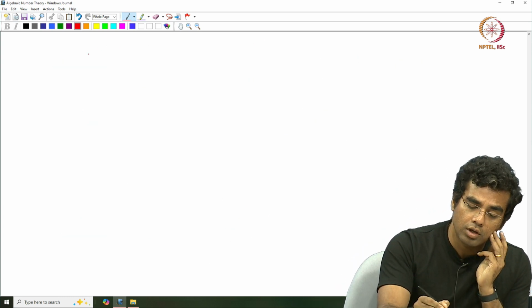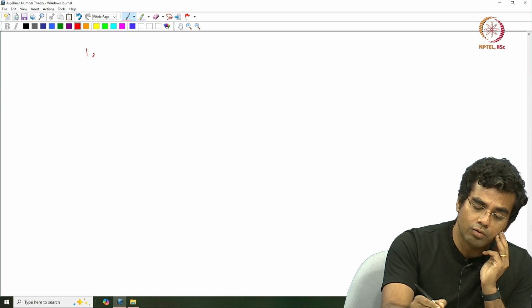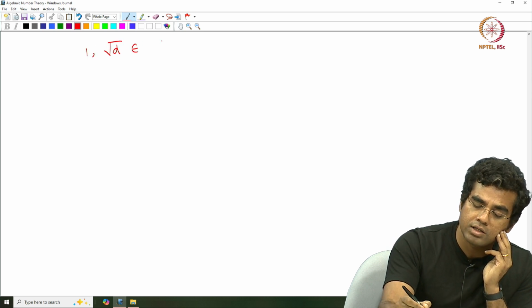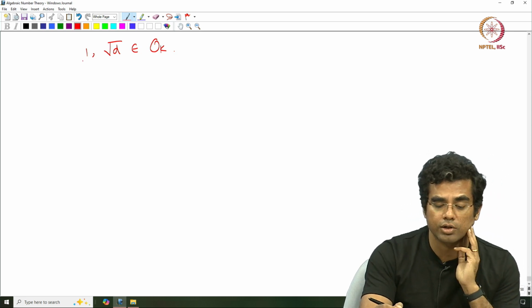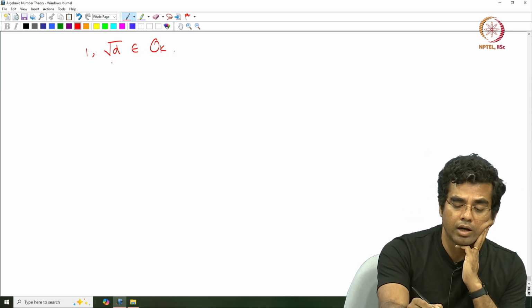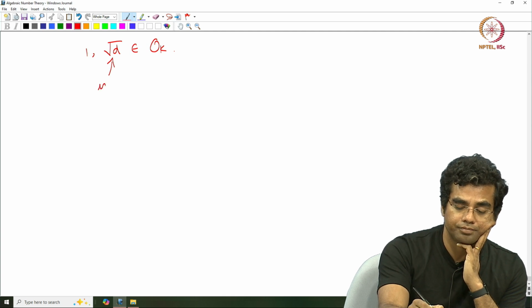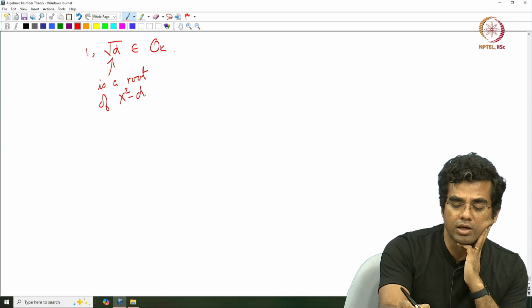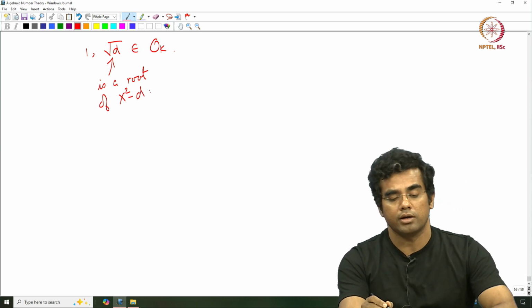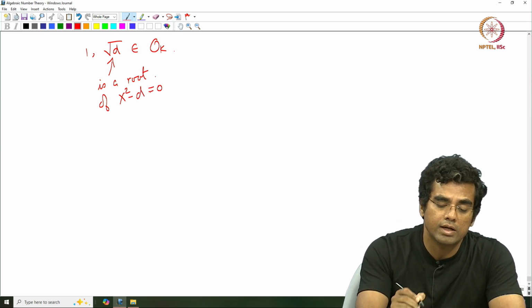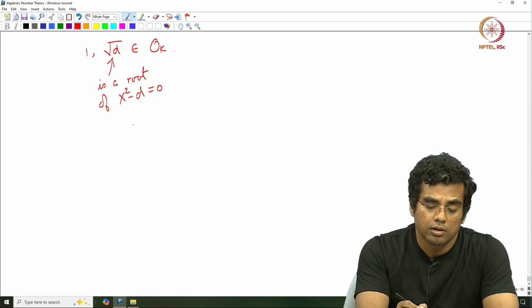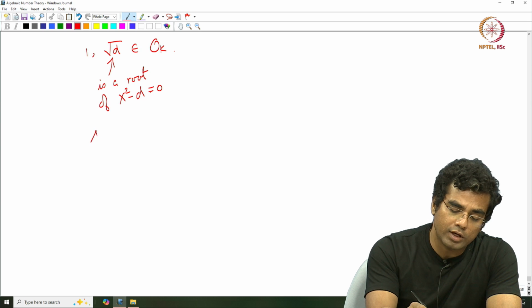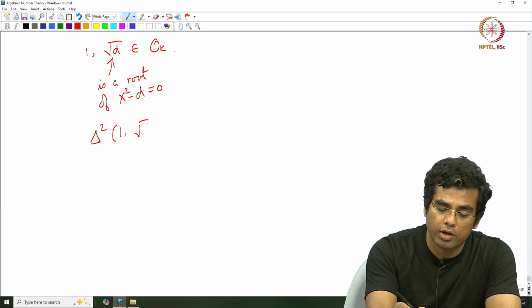All right. So, in this we know that 1 and square root of d are both in O_K, right, because 1 is an integer. So, it is also an algebraic integer, and square root of d is a root of x squared minus d. So, it is a monic polynomial over Z, right. So, 1 and the square root of d are algebraic integers. Now, I compute delta squared of 1 and square root of d.